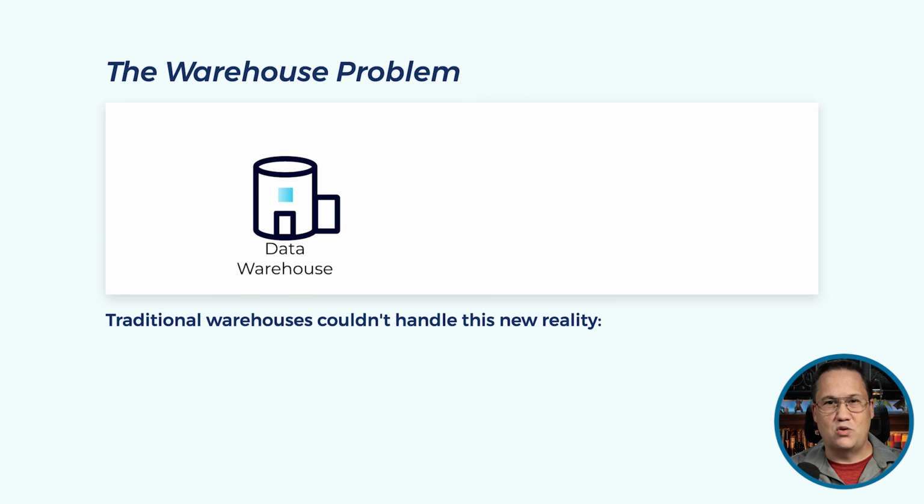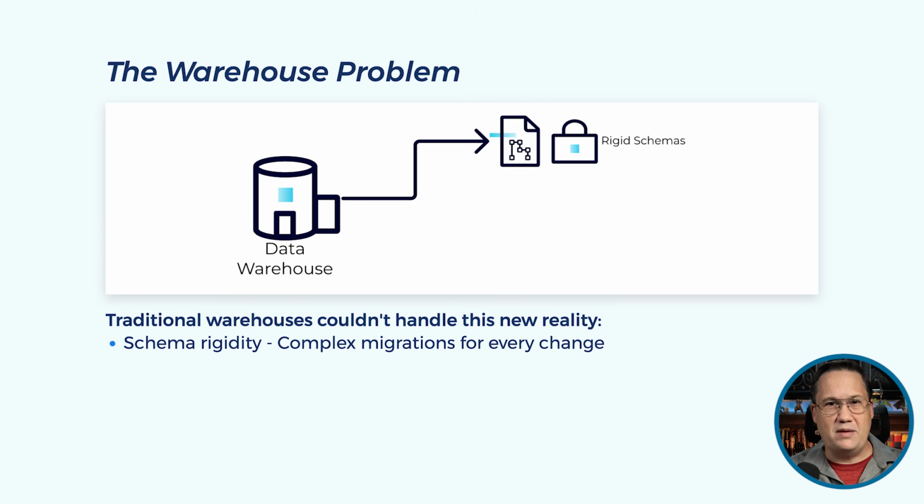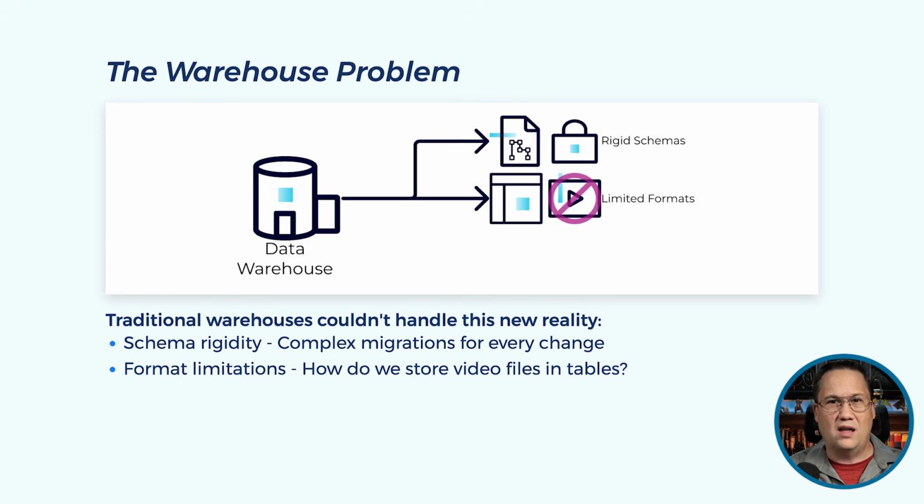This explosion posed a problem for warehouses. These stable, well-defined schemas became rigid when changes were needed, requiring complex migrations, taking hours or days. In practice, this led to a reluctance to evolve the schemas. Meanwhile, much of today's data, including images, videos, and documents, doesn't fit into relational structures.